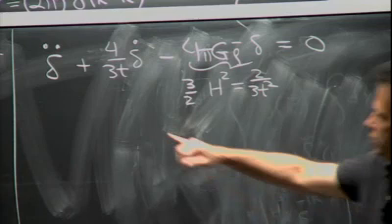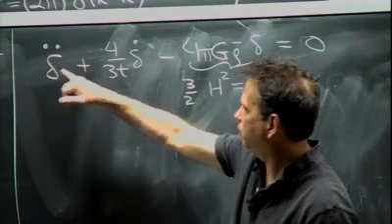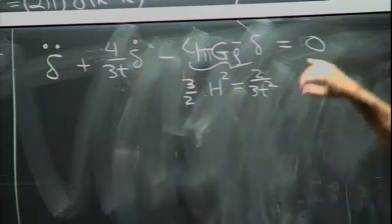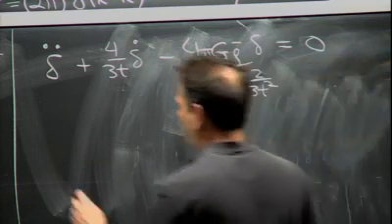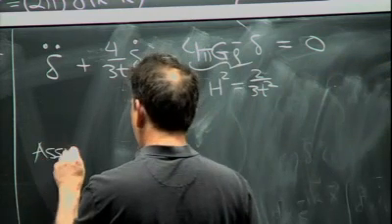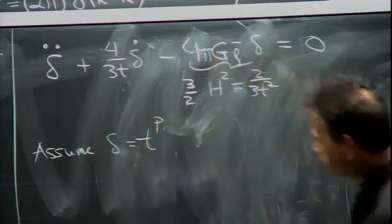We have a differential equation in terms of t: delta double dot plus 4 over 3t delta dot, and then minus this. This is a trivial differential equation to solve because the powers of t all line up. And so you just assume a solution of the form delta is equal to t to some power p.